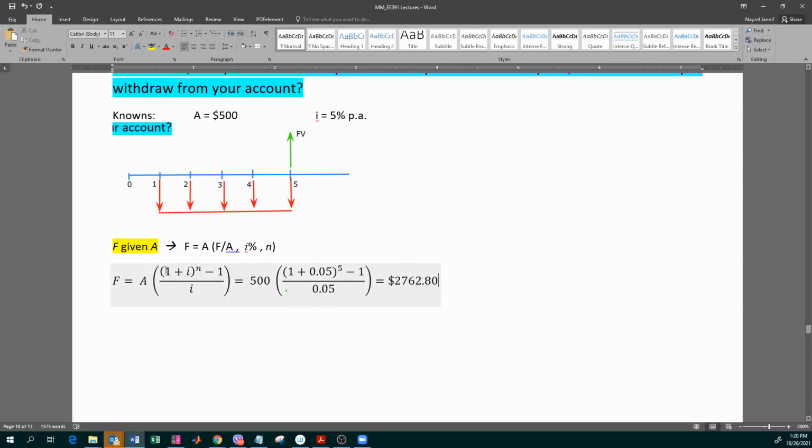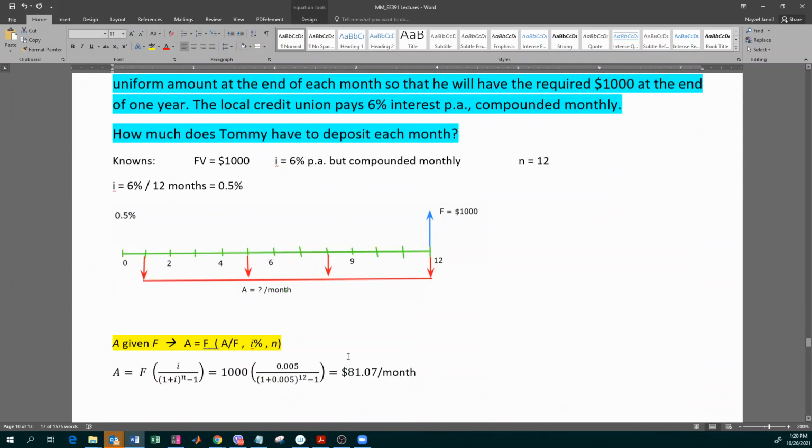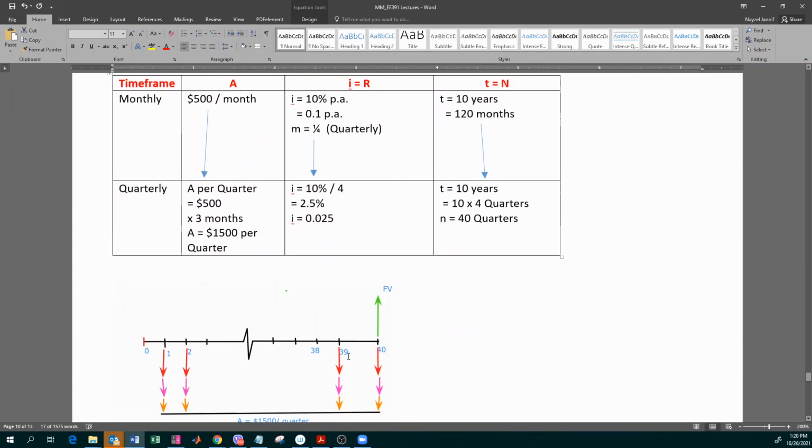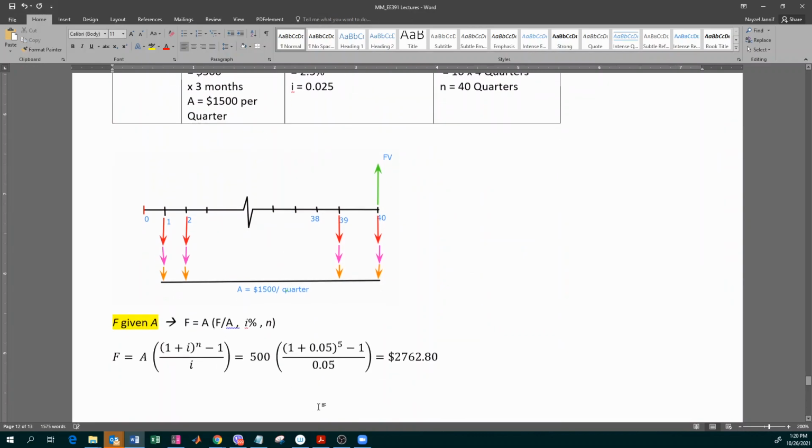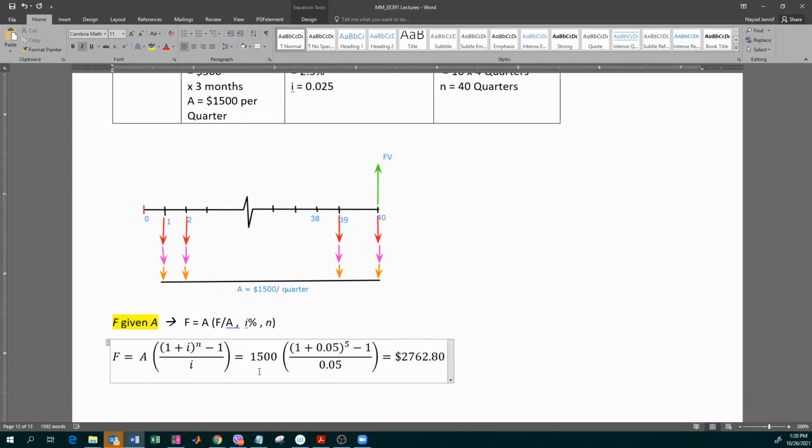All right, here we are. I'll just copy and paste from here. Okay, F given A. So what do we have here? There'll be 1500 at a rate. What is our rate now, guys? 0.025.